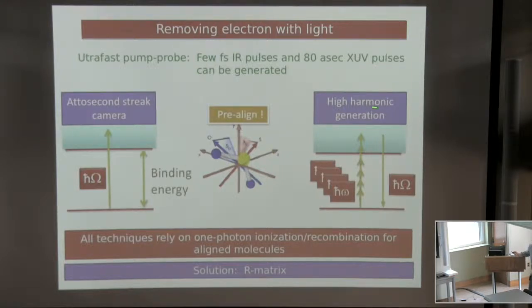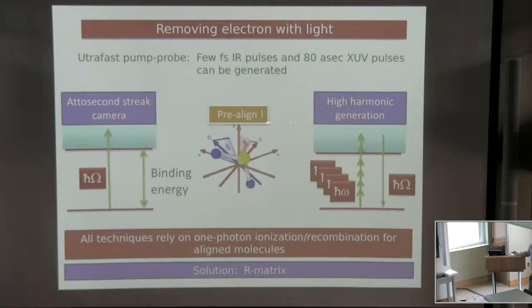So these are two examples of experiments that allow you access to attosecond time resolution. These experiments are generally done by using strong few femtosecond IR pulses, which can then generate even shorter, 80 attosecond XUV pulses.